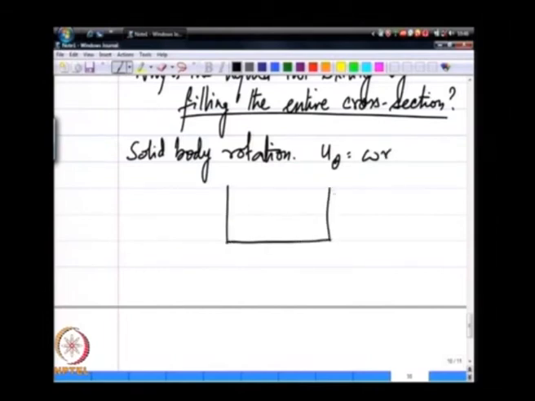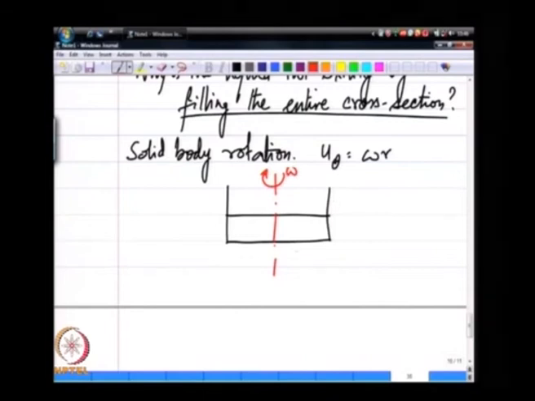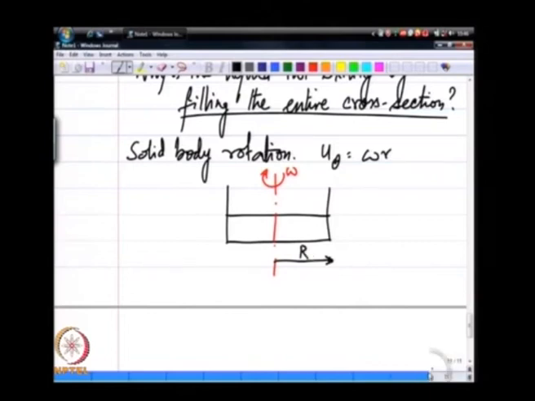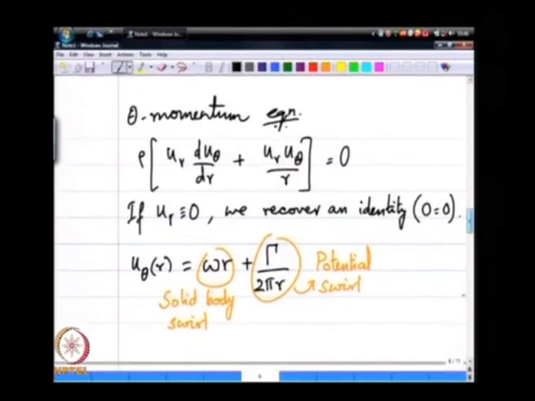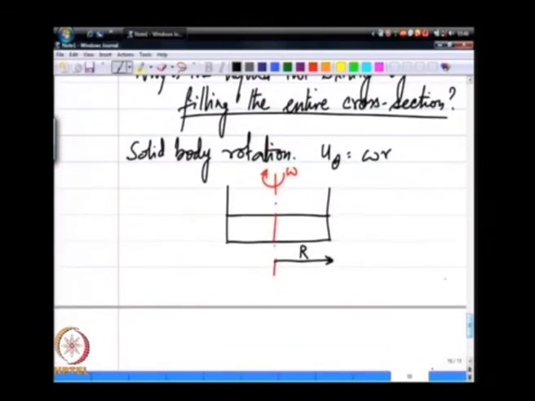So, if I take a container filled with a fluid up to some height h and I spin this about an axis, we have observed this in the past, if not we can easily make these observations, that this fluid meniscus is going to become deformed in the form of a parabola.